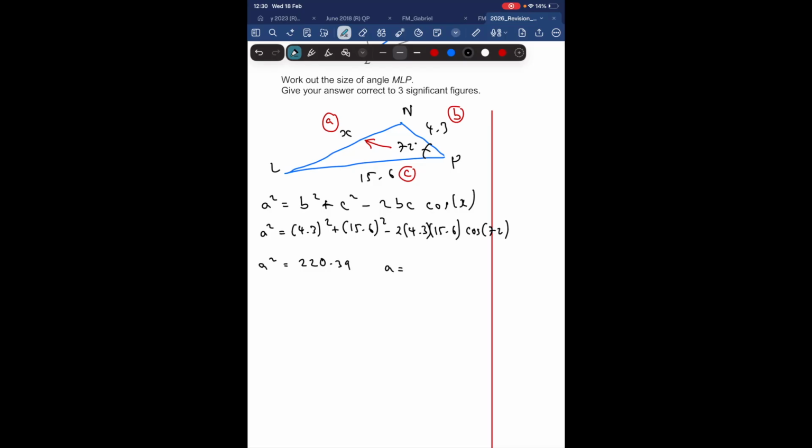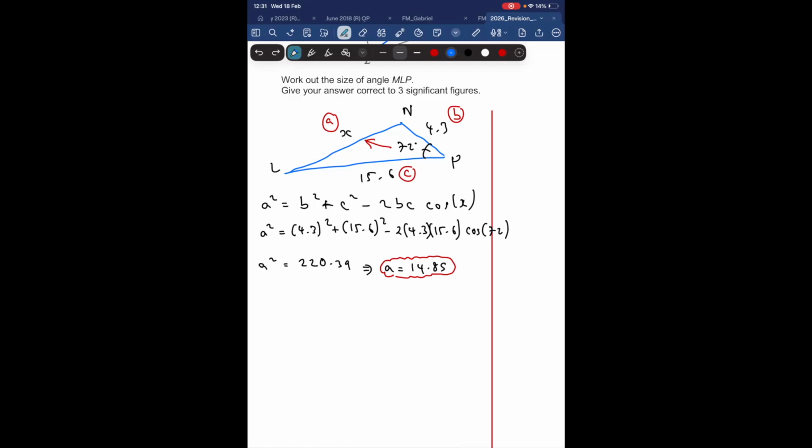Take the square root of that, and you're going to get A is equal to 14.85. And I'm going to keep that to 2 decimal places. So I haven't shown the square root immediately, just to save space, but basically to get from here to here, you have to take the square root.